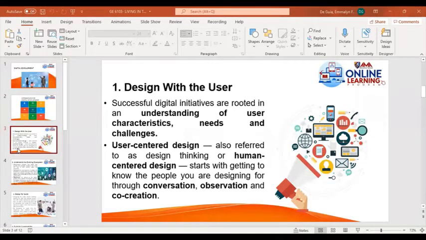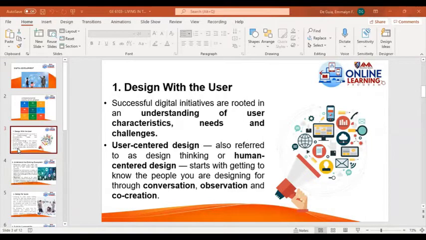Number one principle, class, is design with the user. Design with the user is the first principle because we need, of course, to understand the user's characteristics, their needs, and challenges. With this, we would be able to know what needs we want to address when it comes to digital technology.